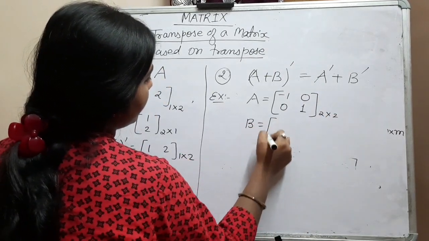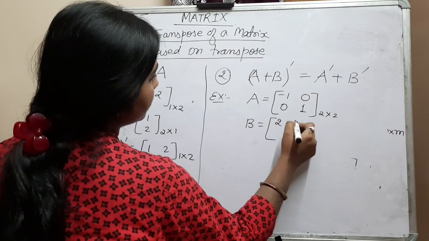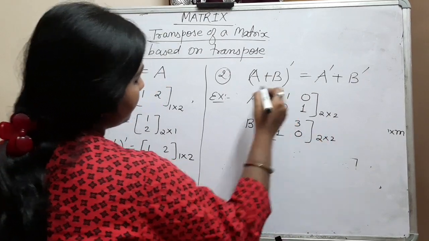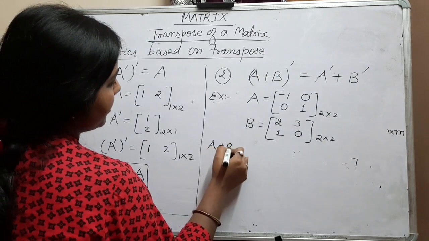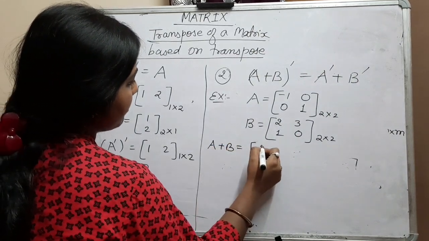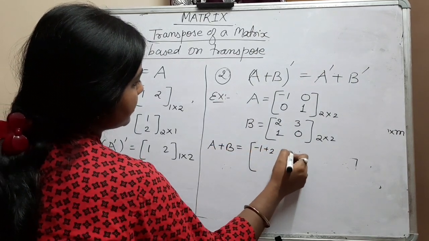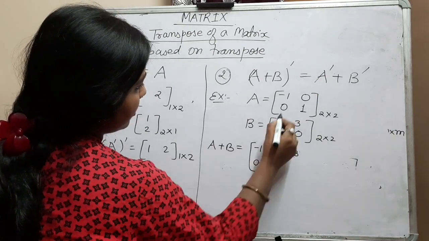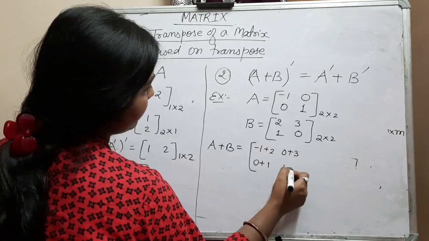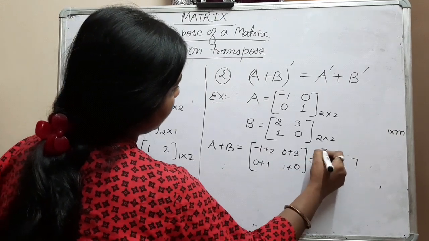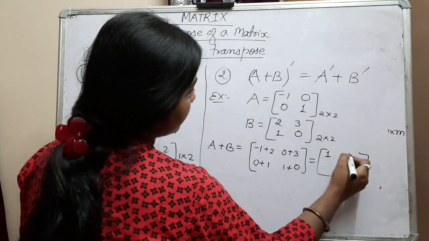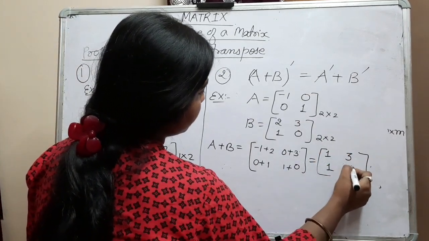Matrix B is 2 3 1 0, again 2 by 2 order. First we will find A plus B: minus 1 plus 2, 0 plus 3, 0 plus 1, and 1 plus 0. So we get 1 3 1 1, 2 by 2.